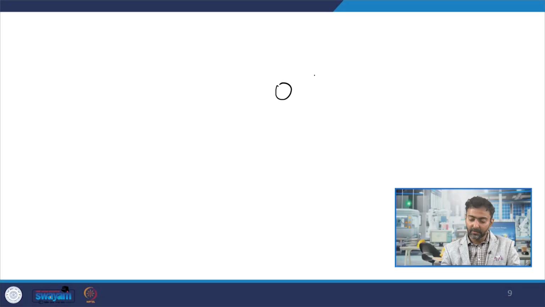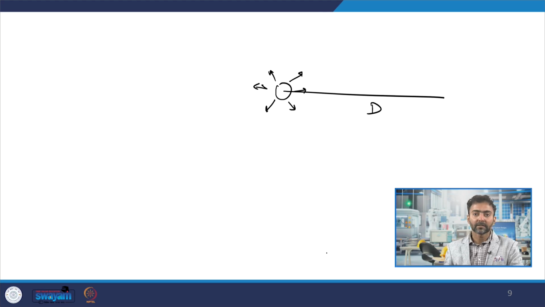has to cover a much larger surface area. To explain that concept, let's say you have the solar disk here, the sun I am representing here, and there is some surface luminosity of the sun which we just now estimated, 64 megawatt per meter square. But now if I were to go some distance d away from the sun, at this distance d I will need to draw a hypothetical sphere.